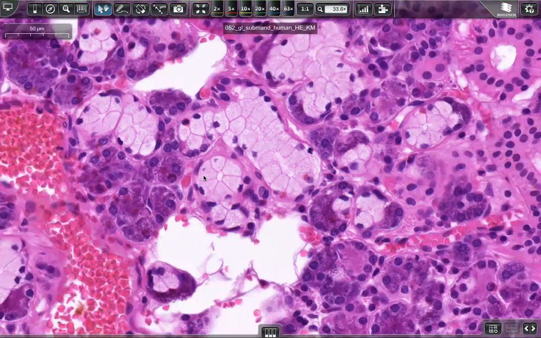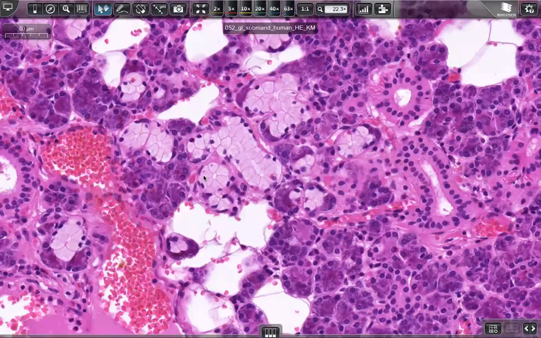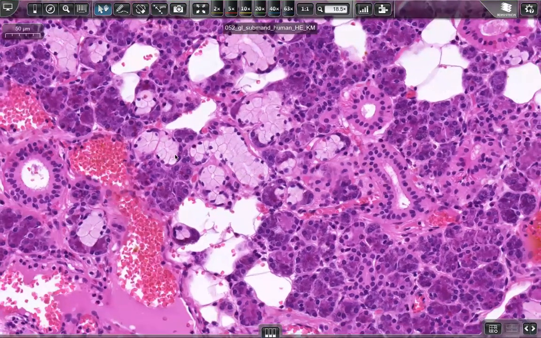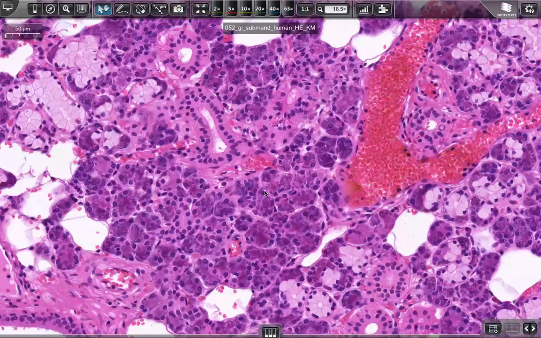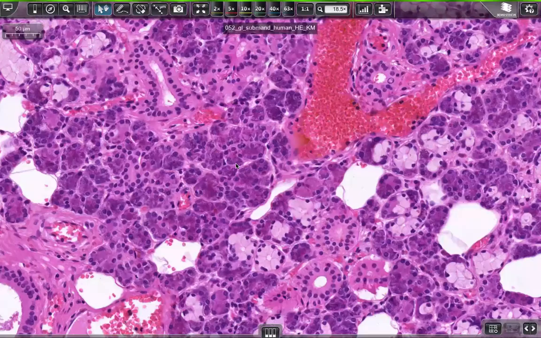And then these acini should produce saliva toward the lumen of the duct system. So we have the intercalated ducts.